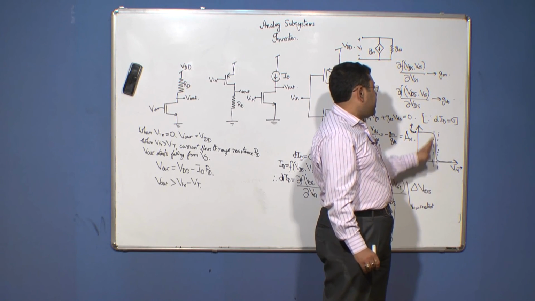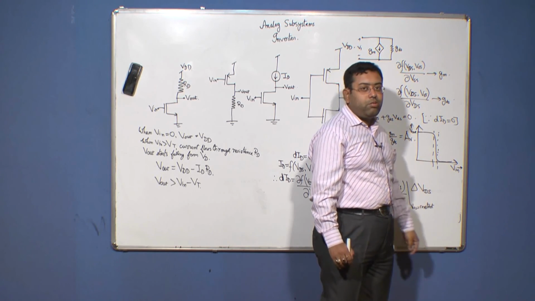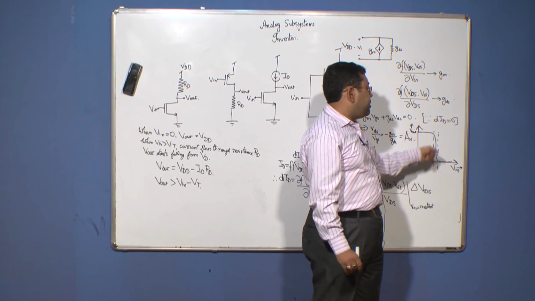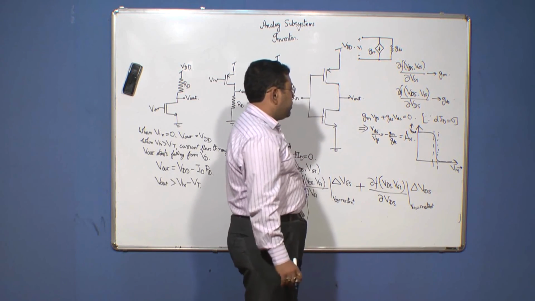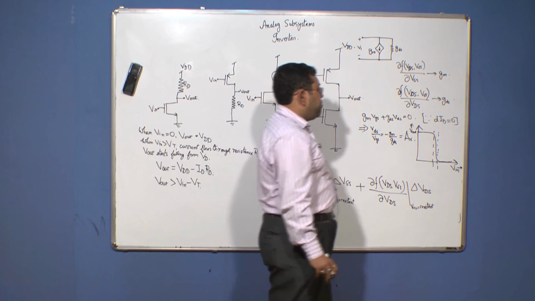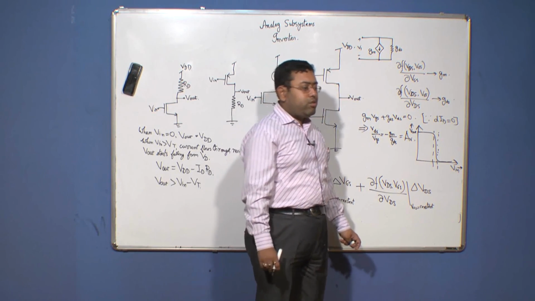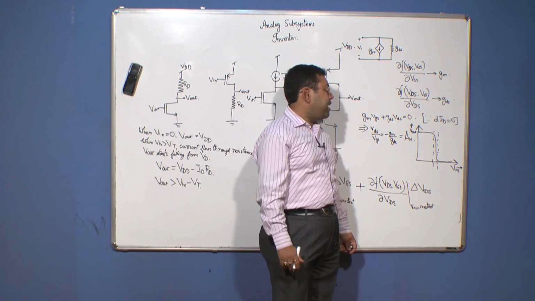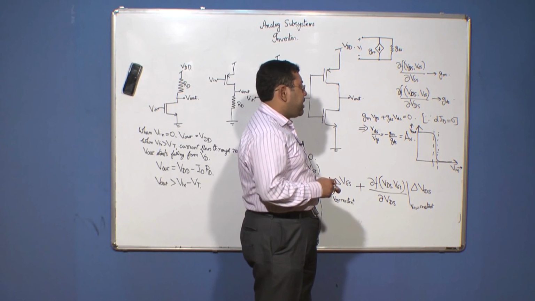In the region between the two dotted lines, there is a sharp change in the output with respect to the input, and we use the circuit as an analog circuit in this region. So it is one of the most popularly used amplifier circuits, and it also serves as the building block of most analog circuits. So it is popularly used in various applications.